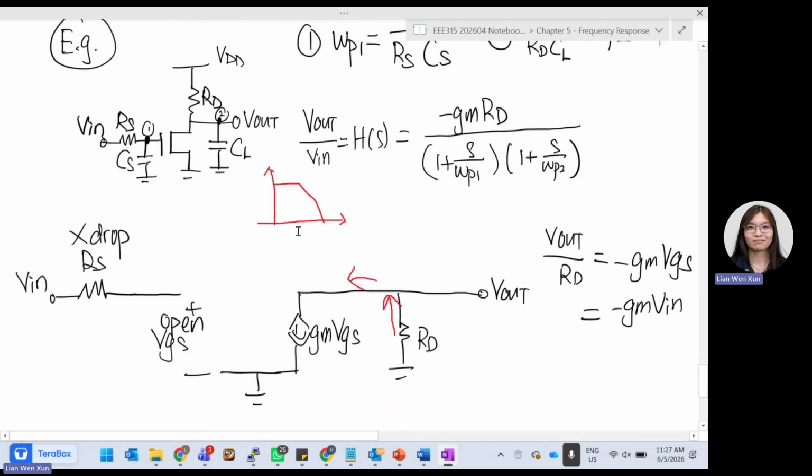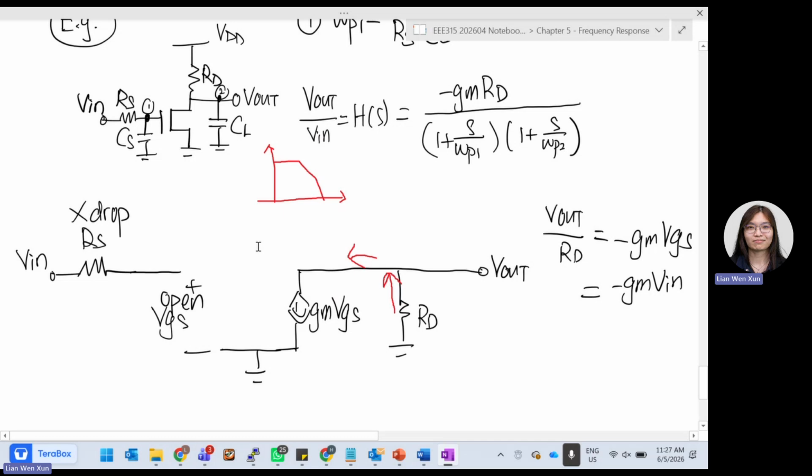It's okay, we can draw the small signal model. We consider everything ideal. We ignore the capacitor, because at low frequency, capacitors basically have no effect at all. They are basically open circuit. So we open them and draw the small signal model. This is NMOS, so two lines on top, one line below. We have VGS. Then this RD is connected to VDD, which is ground.